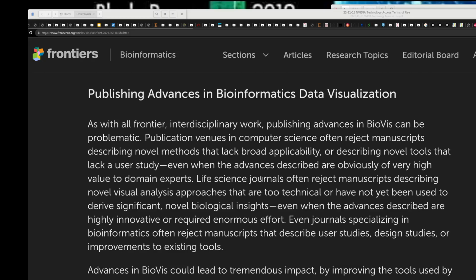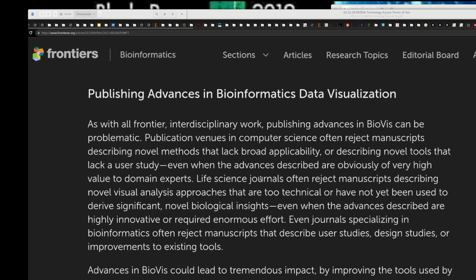Life science journals often reject manuscripts describing novel visual analysis approaches that are too technical or have not yet been used to derive significant, novel biological insights, even when the advances described are highly innovative or required enormous effort. Even journals specializing in bioinformatics often reject manuscripts that describe user studies, design studies, or improvements to existing tools.